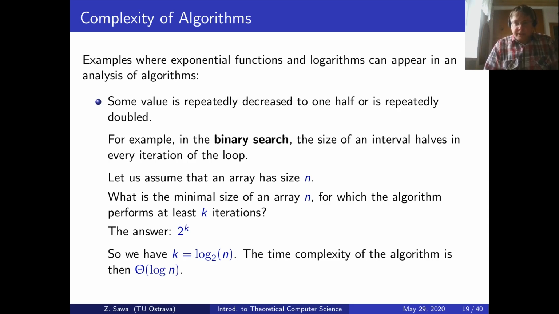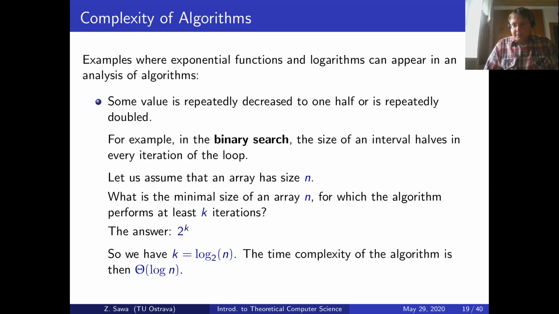This question can be reformulated: instead of asking how many times I must divide n to obtain the value 1, if I know that the algorithm performs k iterations, the question is what's the minimal value of n, the size of the array, such that I would have at least k iterations.